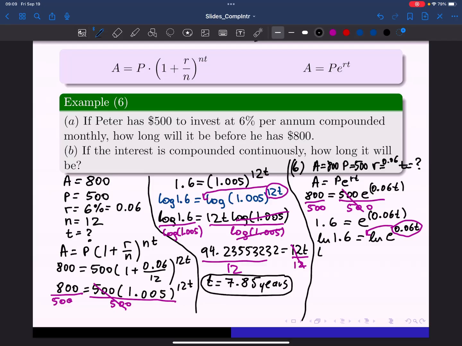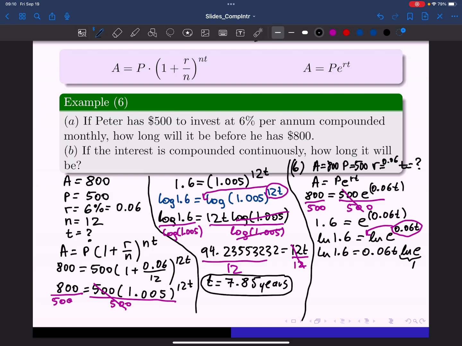And we have ln 1.6 is equal to 0.06t ln e. If you type on the calculator, ln e is 1. This part is 1, because e to what exponent gives me e? e to the 1. So ln e is 1.